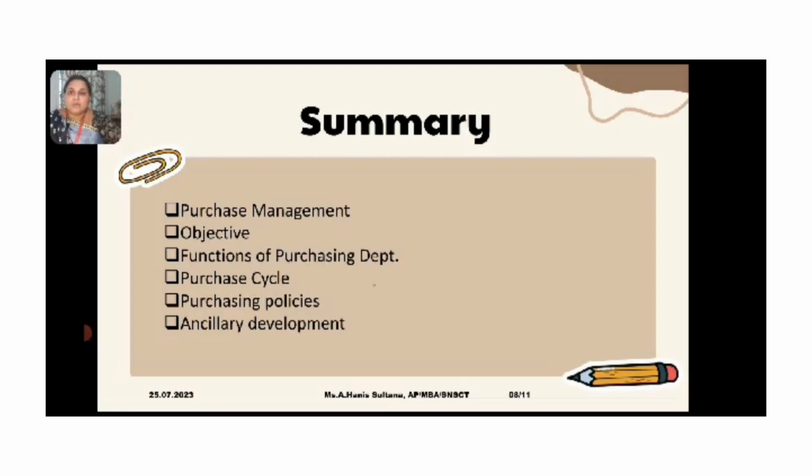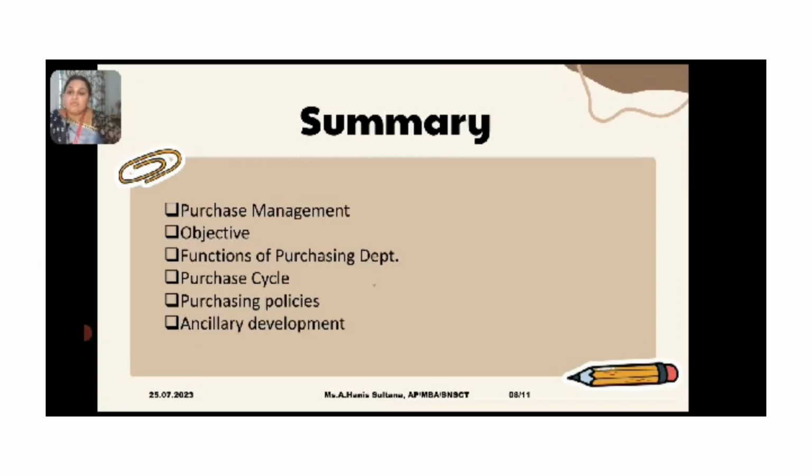So we know what purchase is, how to manage the purchasing function, and what the objectives are. The objectives and functions we have come across with the parameters. If we look into the parameters of the purchasing function, these two will get an answer.